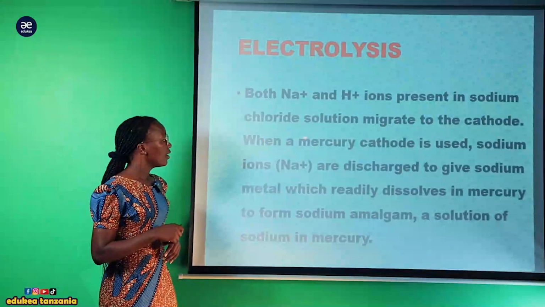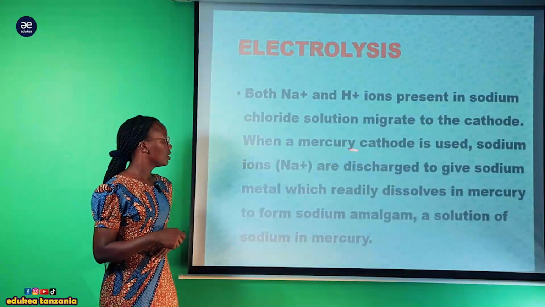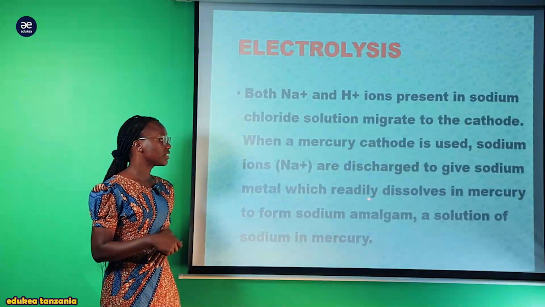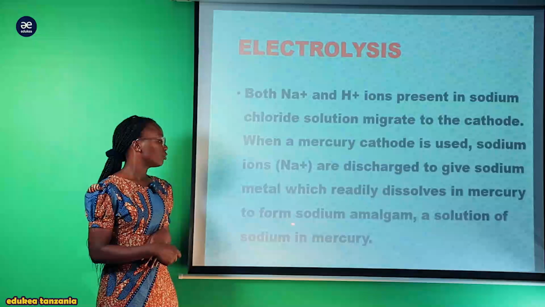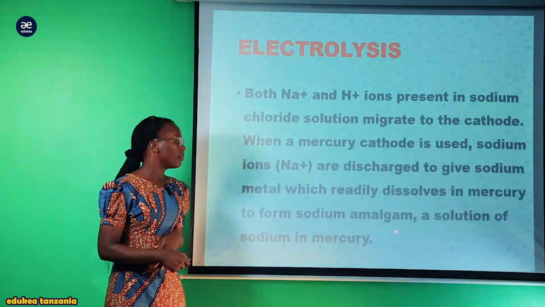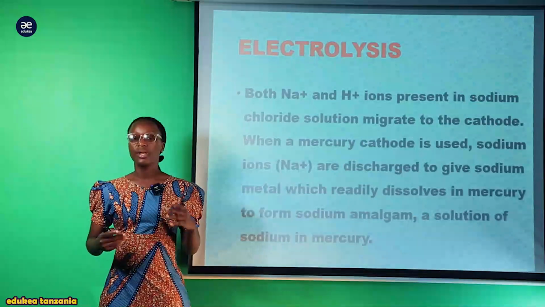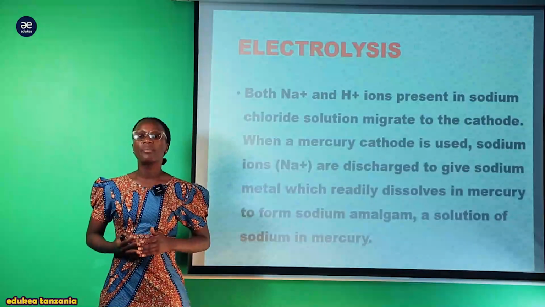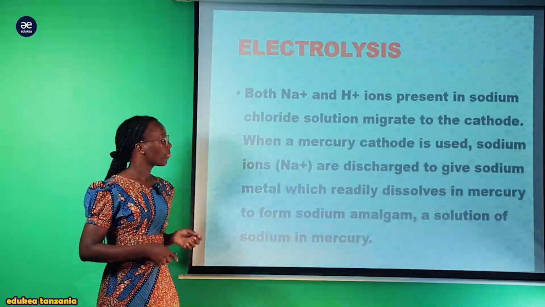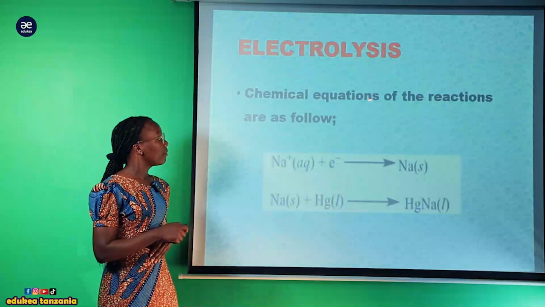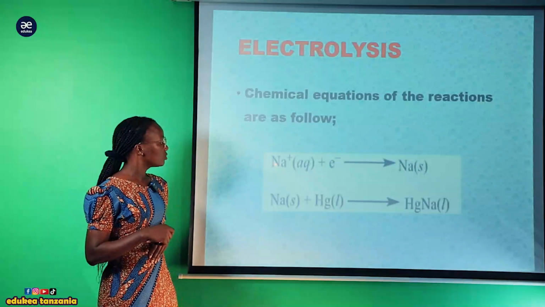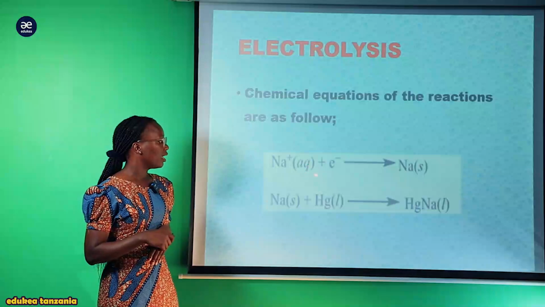For instance, both sodium and hydrogen ions present in the sodium chloride solution migrate to the cathode. When a mercury cathode is used, sodium ions are discharged to give the sodium metal which readily dissolves in mercury to form the sodium amalgam, ambayo hii sodium amalgam yenyewe inakuwa ni solution of sodium in mercury.